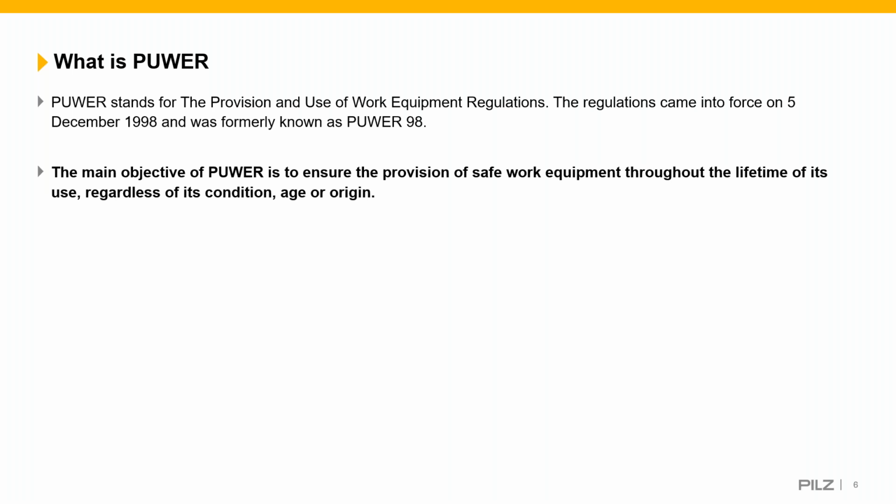So we're looking at all aspects of use. So it will be normal operating modes, clean mode, setup mode, wash down, whatever it might be. Every part of the use of the equipment throughout its whole lifetime needs to be considered.